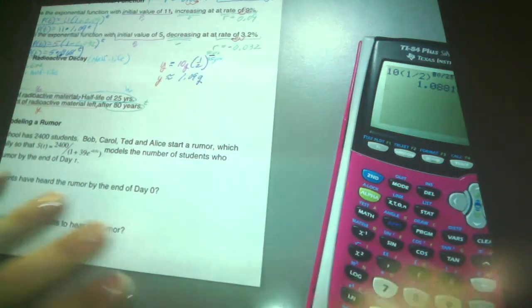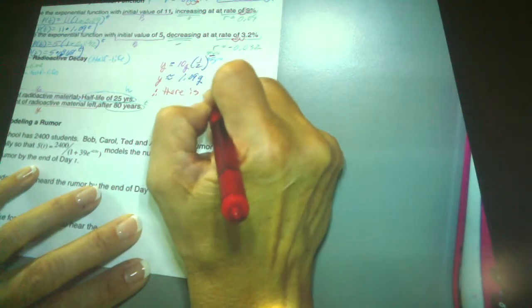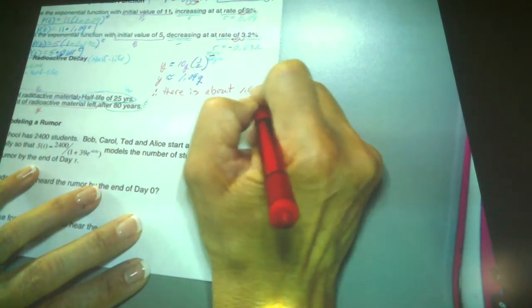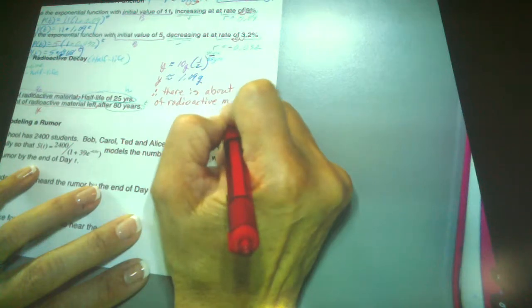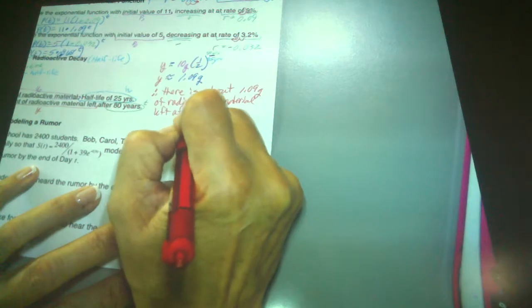So therefore, there is about, as we're estimating, 1.09 grams of radioactive material left after 80 years. That's not so hard. You have to figure out where to put things in the formula and how to put it in the calculator.